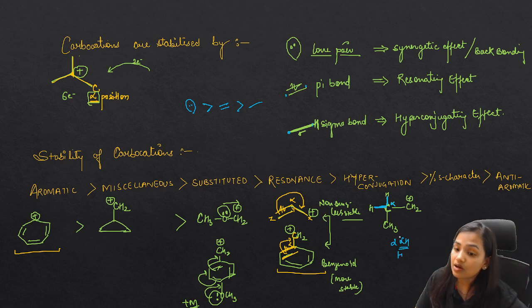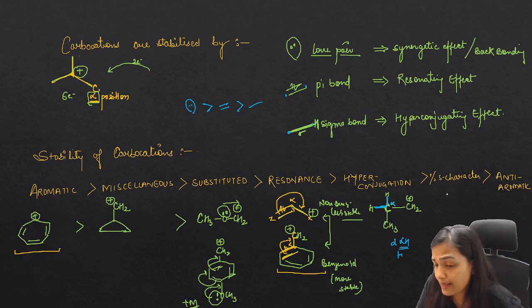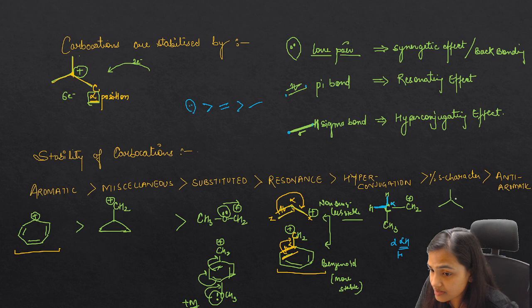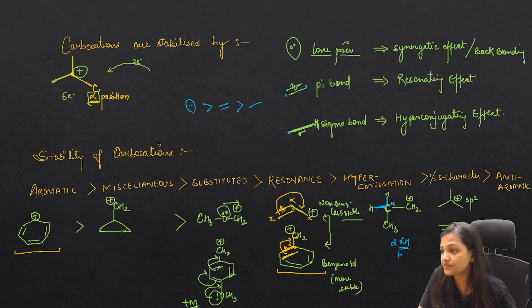Now, what do you understand by the percentage of S character? As I told you, we could have a carbocation like this, which is sp2 hybridized, and a carbocation like this, which is sp hybridized. Out of these two carbocations, which is going to be more stable? The one with the lower percentage of S character.